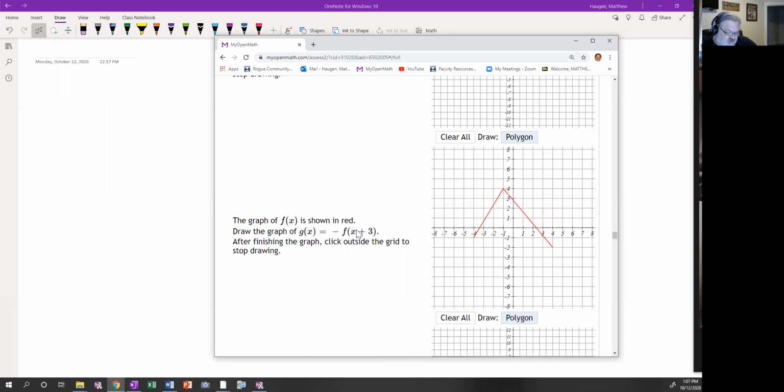Here, we've got two transformations going on. We have the negative on the outside, and that negative on the outside is going to do that same kind of thing. It's going to take all our y values and multiply them by -1, which is going to take that image and flip it vertically. So if we just looked at what that negative would do, it would turn this -1 into a +1.